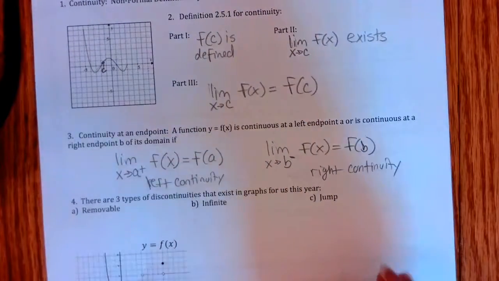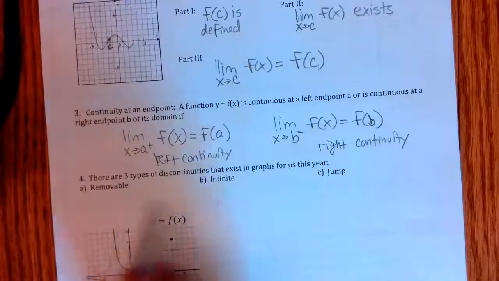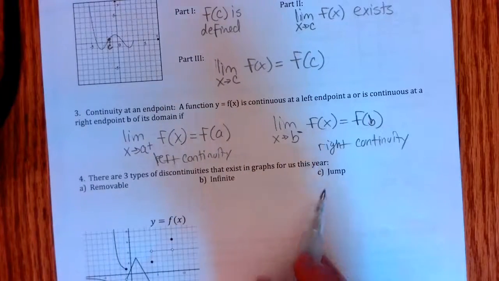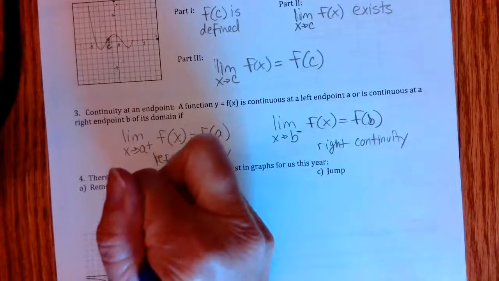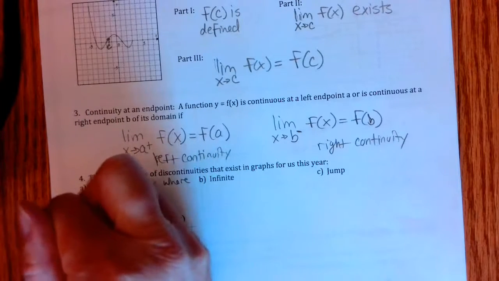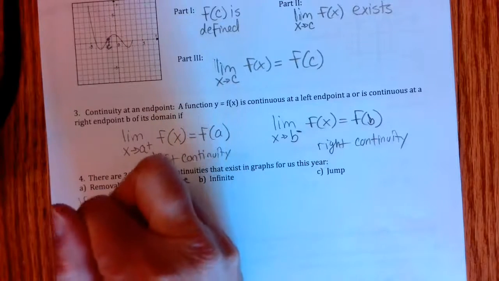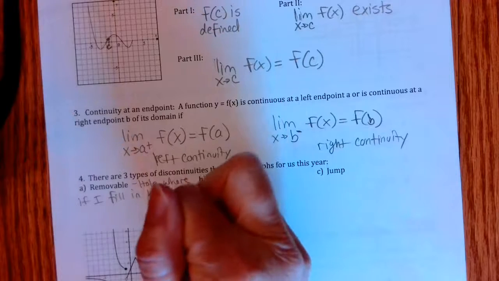Well, if a function is not continuous, what could be happening? There are three different types that we're going to look at this year. Removable is a hole in the graph where if I fill in the hole, it makes the function continuous.